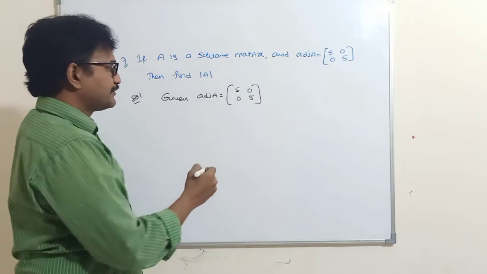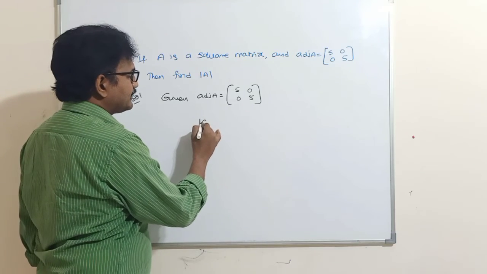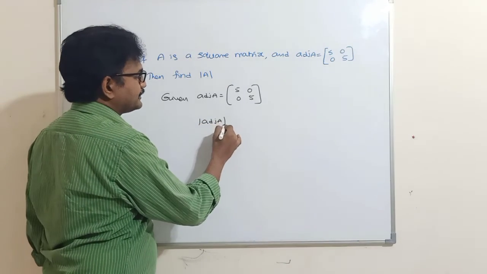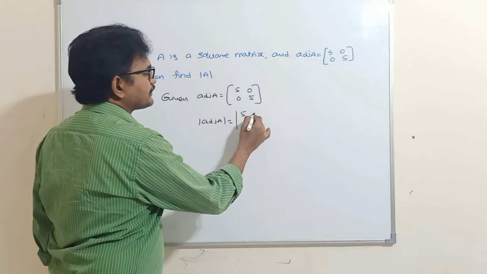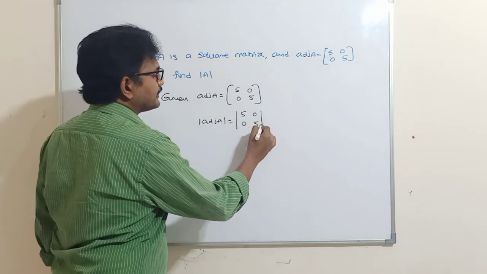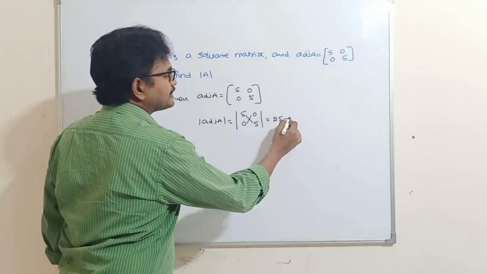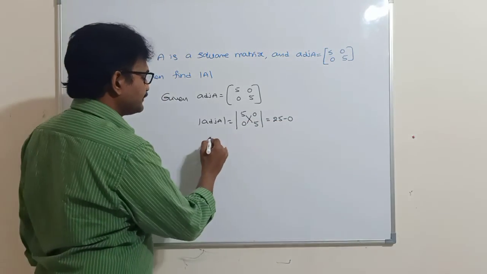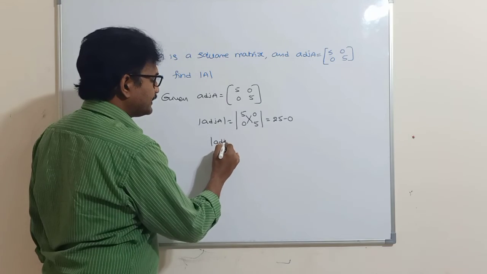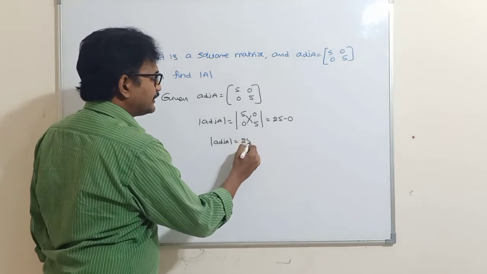Then find det of adjoint A. Det of adjoint A is equal to the determinant of 5, 0, 0, 5. So find the determinant. 5 into 5, 25, minus 0 into 0 is 0. So det of adjoint A is equal to 25.